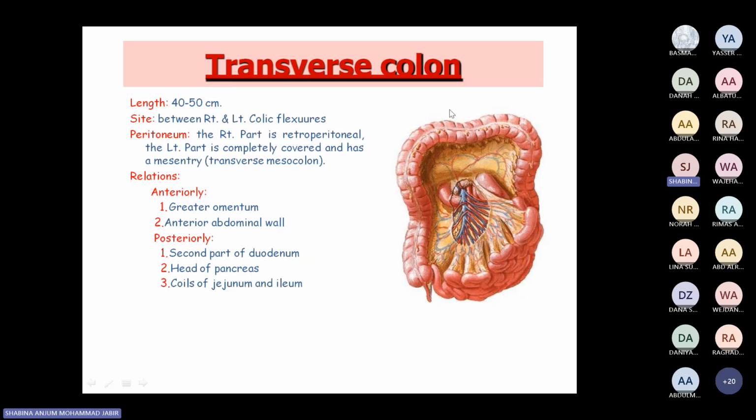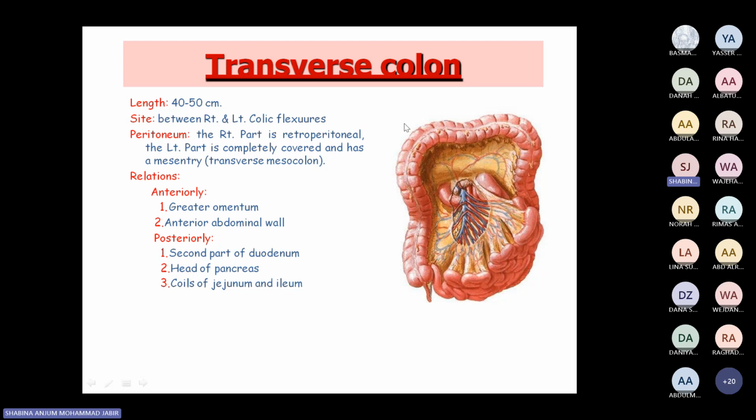Anteriorly, if you remember, we have a model. As soon as you open the anterior abdominal wall, you can see very nicely the greater omentum and transverse colon. So the anterior relations are the anterior abdominal wall and greater omentum. Posteriorly, we have the second part of the duodenum, head of the pancreas, and coils of jejunum and ileum.